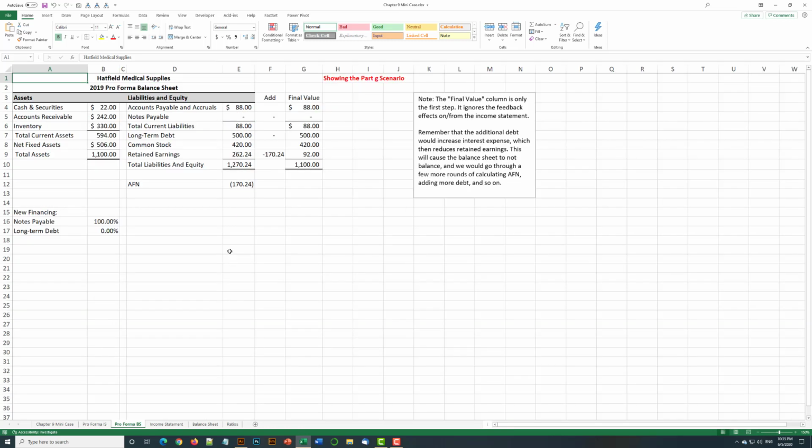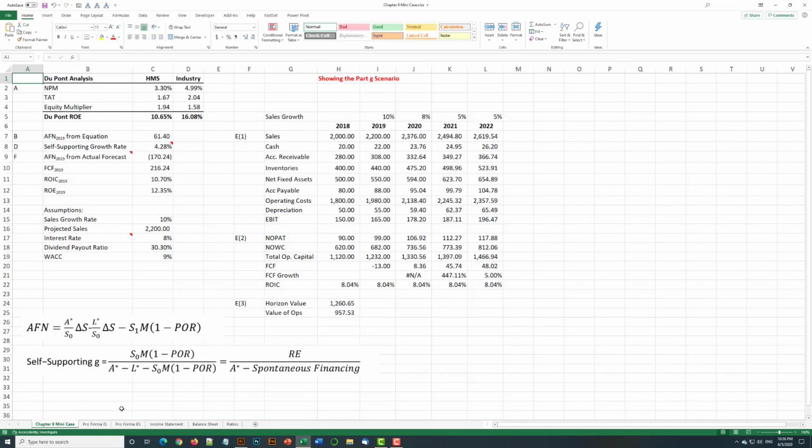And in the pro forma balance sheet, the interesting thing is that in Part G, now AFN is a negative number. Remember, that represents a surplus of financing. So they have more financing than they actually need. And in this particular case, what we're going to do is pay a special dividend in that amount. I think that's probably enough for the mini case spreadsheet.